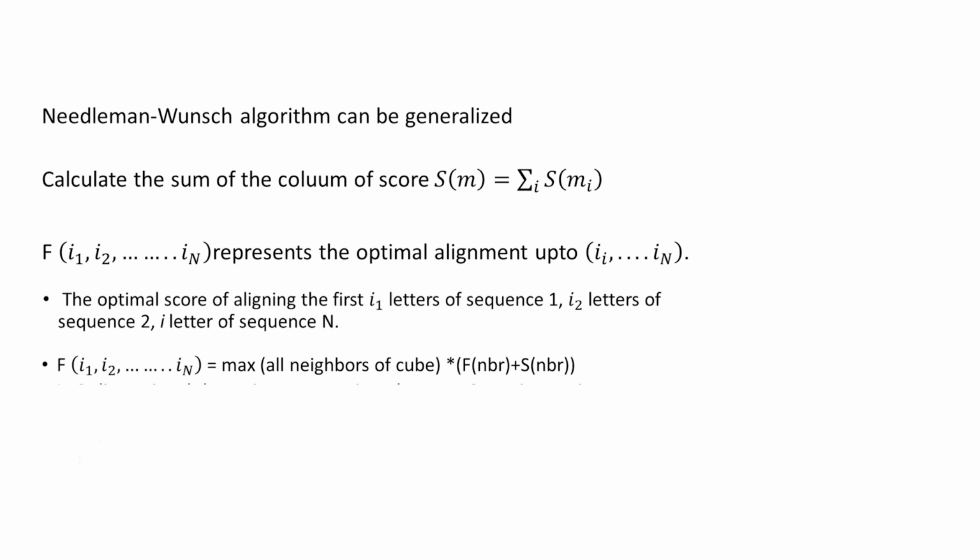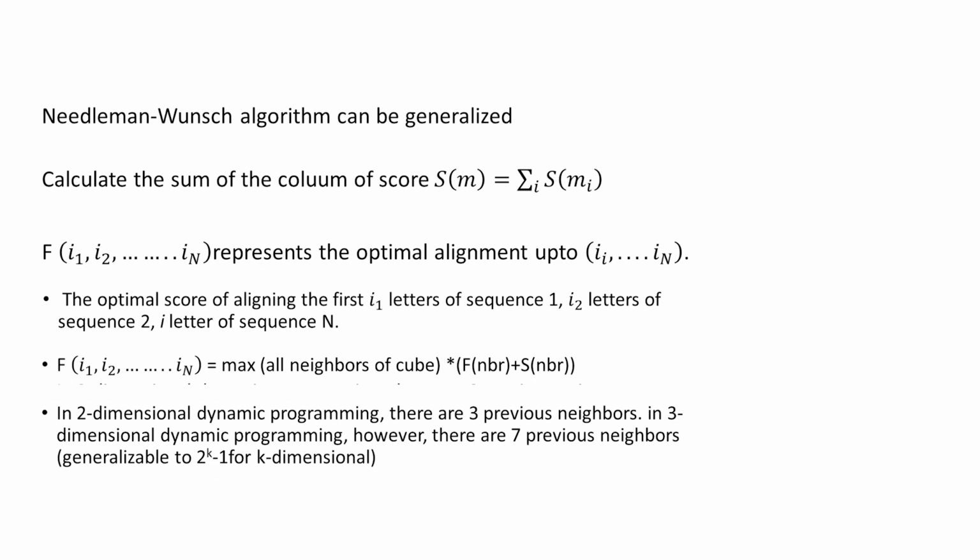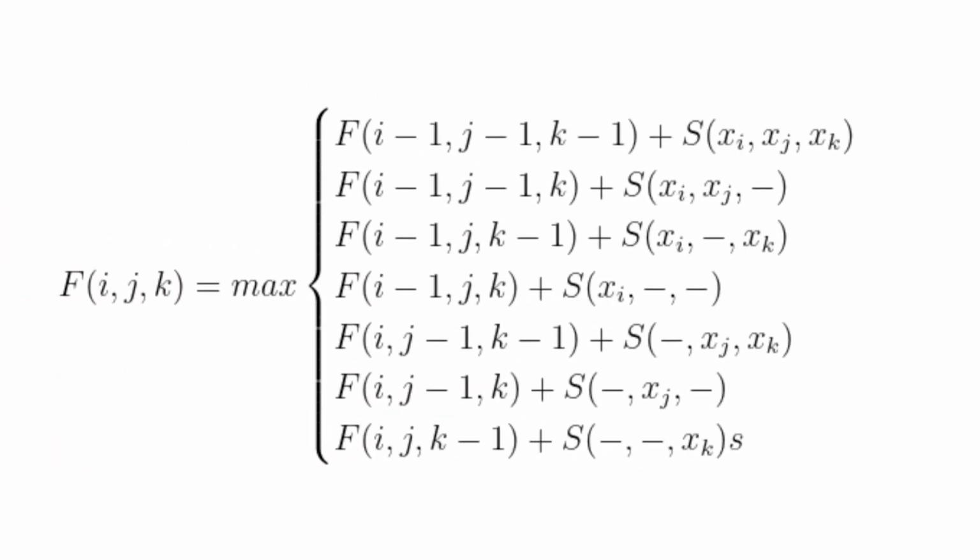In 2-dimensional dynamic programming, there are 3 previous neighbors. In 3-dimensional dynamic programming, however, there are 7 previous neighbors, generalized to the equation 2 to the power k minus 1 for k dimensions. So, dynamic programming for multiple sequence alignment can be seen in this equation, f(i, j, k) is equal to the maximum of all these values.